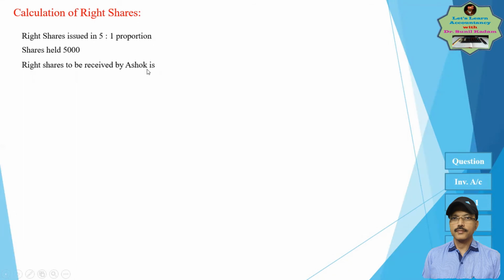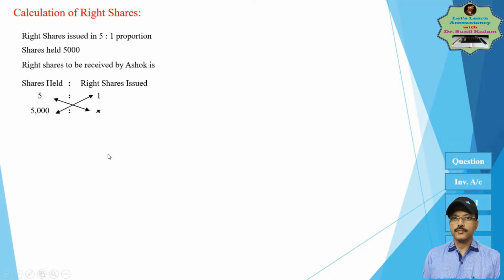So how much will he receive? The proportion will be mentioned here. Shares held with the proportion of the right shares to be issued. The proportion is 5:1. Therefore, if you hold 5 shares, you will get 1 right share. In a similar fashion, Mr. Ashok holds 5,000 shares. Then how much will he receive? X. So, cross multiplication.